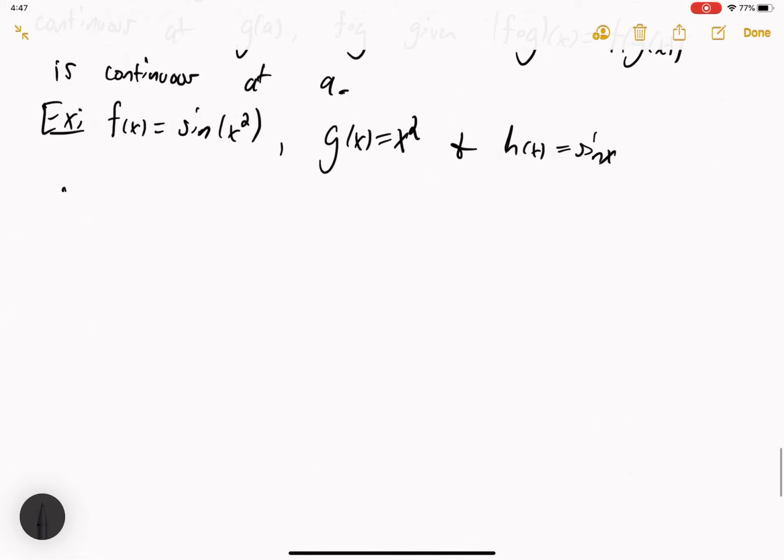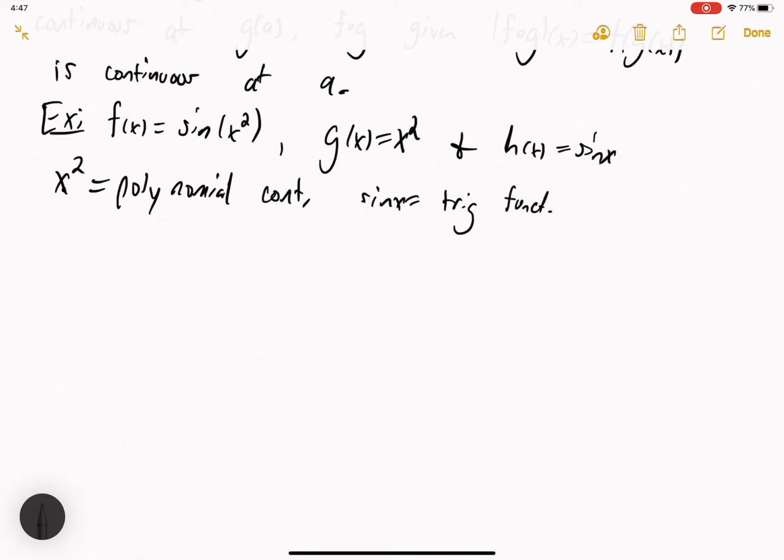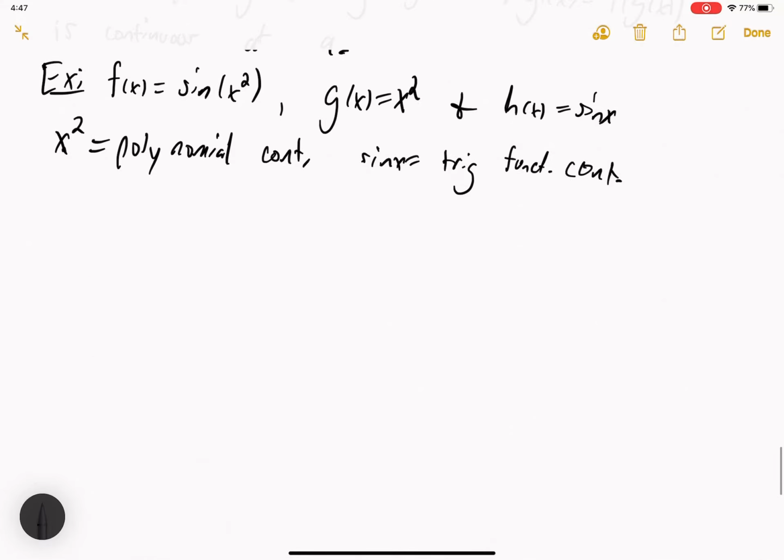So then x squared is a polynomial, so it's continuous. And we also have sine of x is a trig function, so also continuous. So that means that f of x, which is equal to h of g of x, is also continuous.